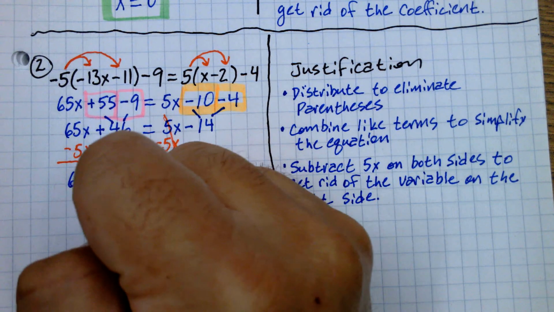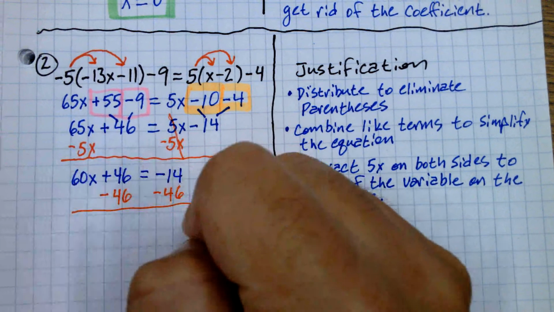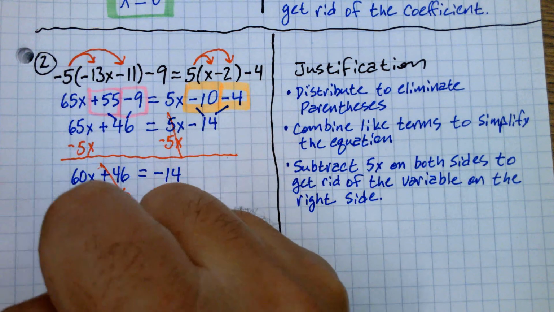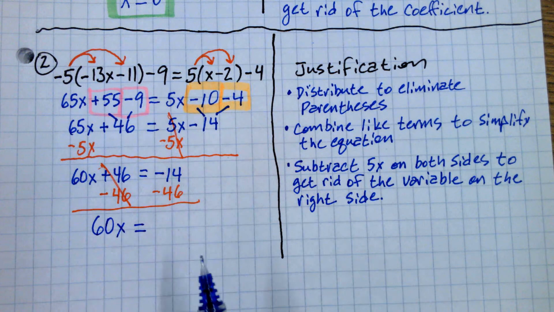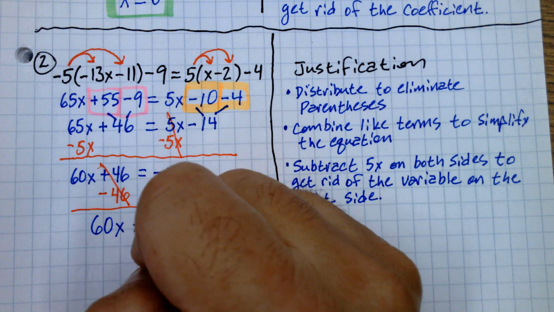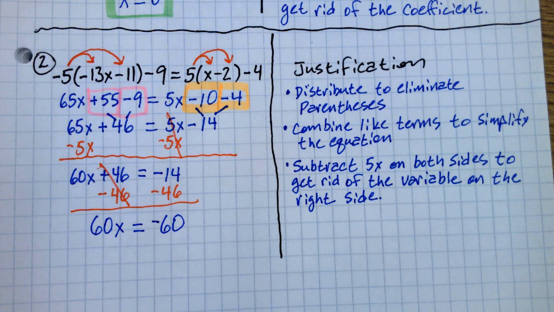So minus 46 it is. This goes away. We just have 60x here equals, we got negative 14 and negative 46. That's negative 60. So I'm going to justify that.